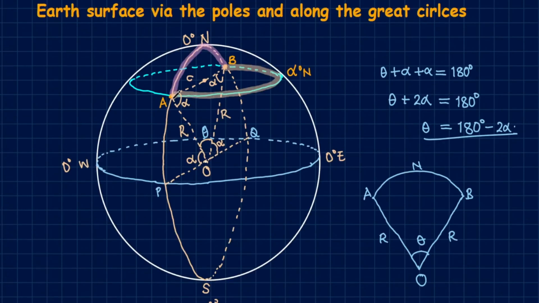So again, we also need to see how we can get the distance from A to B, to compare for sure whether this is shorter than the other distance AB through the Eastern Hemisphere or not.